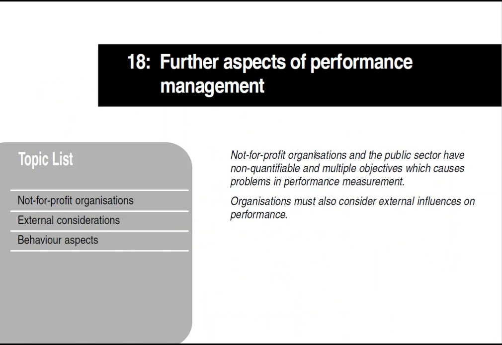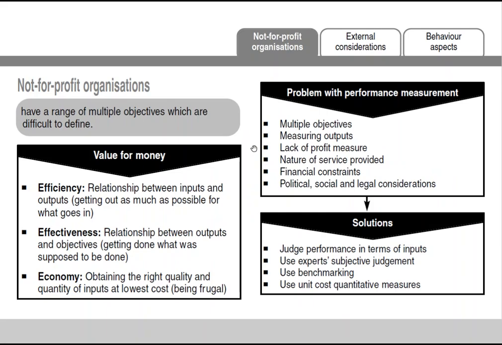Okay, further aspects of performance management. Non-for-profit organizations, remember those organizations whose objective is not mainly making profit, but it doesn't mean they don't make profits. They can make profit, but it is not the main purpose that they work for.